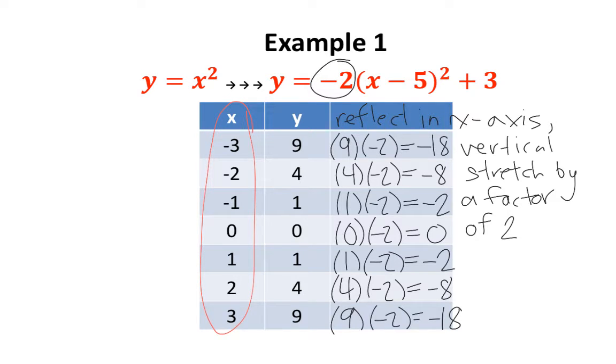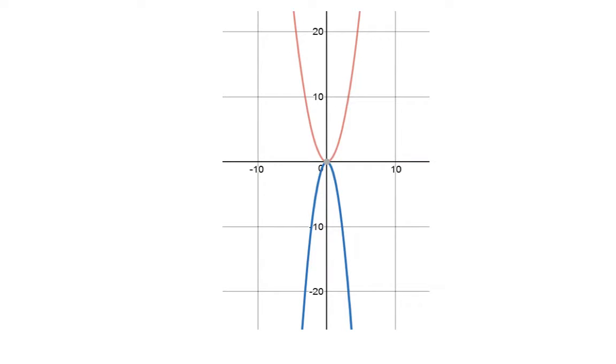These are the x and y values that I'm referring to, by the way. You can see the base parabola of y equals x squared over here, and down below you'll see a blue parabola, and this is the parabola that has been transformed. So it has been reflected in the x-axis.